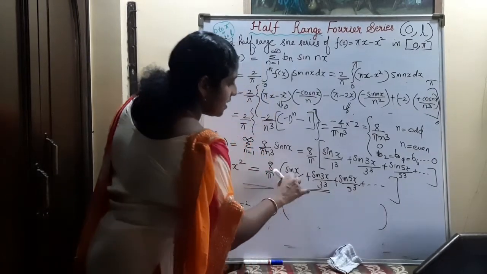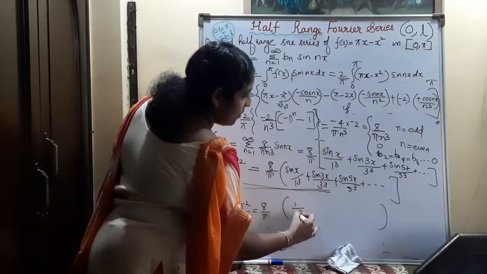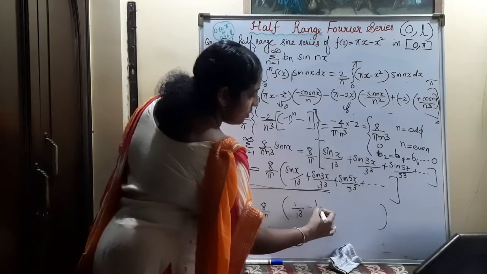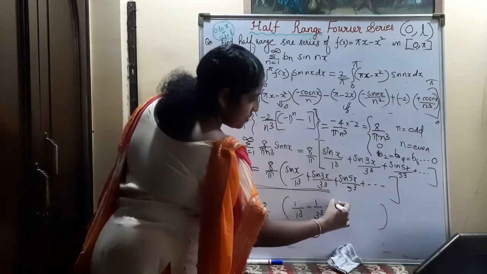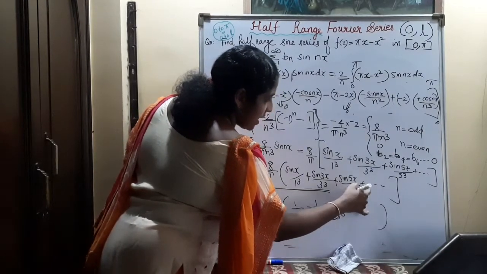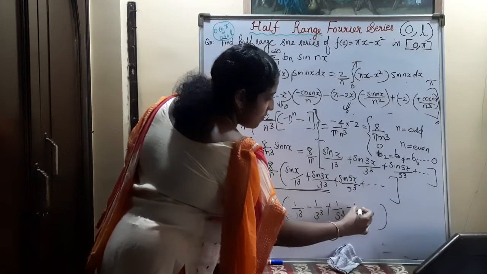Sin pi by 2 is 1, giving 1 by 1 cube. Sin 3 pi by 2 is minus 1, giving minus 1 by 3 cube. Sin 5 pi by 2 is plus 1, giving plus 1 by 5 cube, then minus 1 by 7 cube.